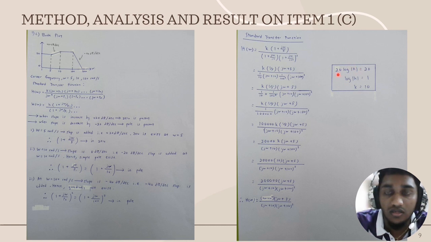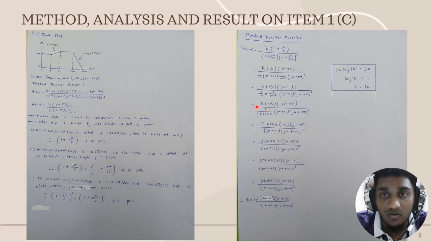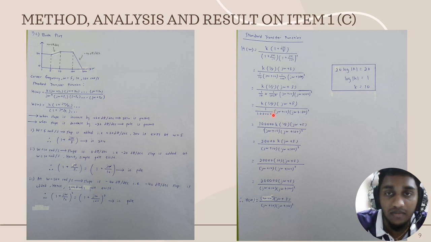So 20 log constant equals 20, and log constant equals 1, so the constant equals 10. After that we must multiply properly: the constant times 1 over 5 times j omega plus 5, divided by 1 over 10 times 100 times j omega plus 10 times j omega plus 100 squared.